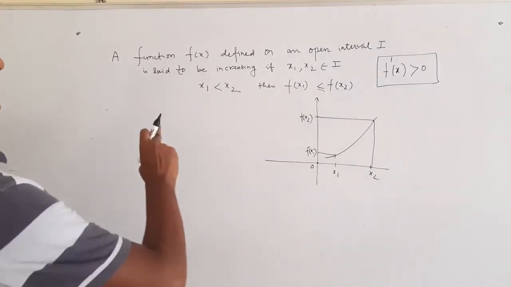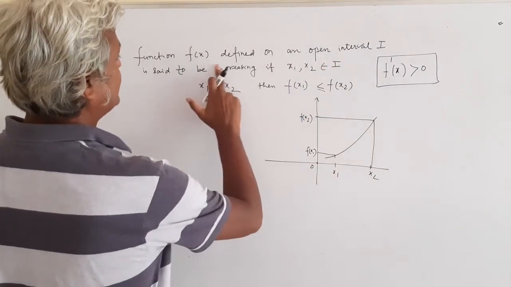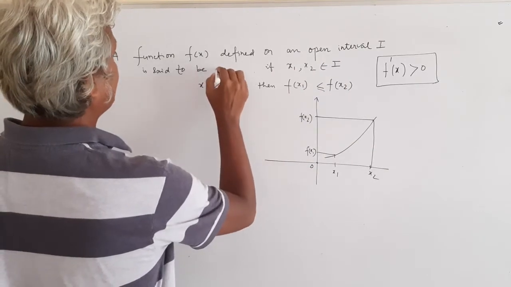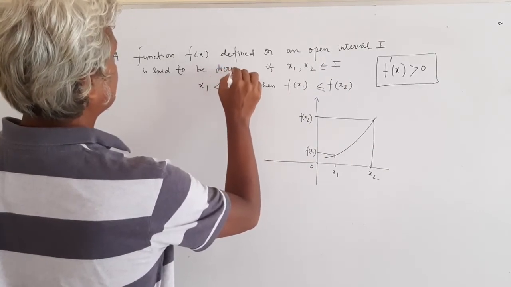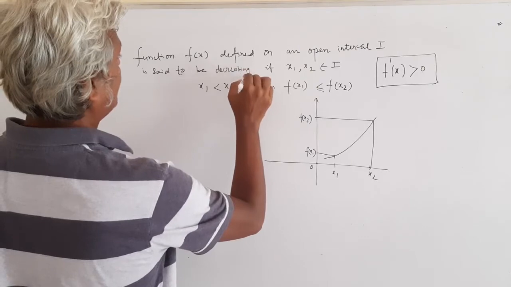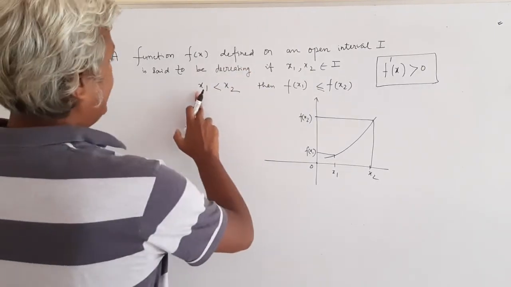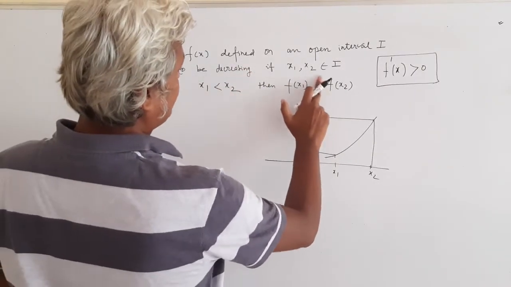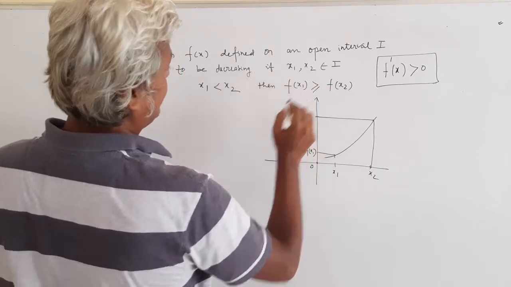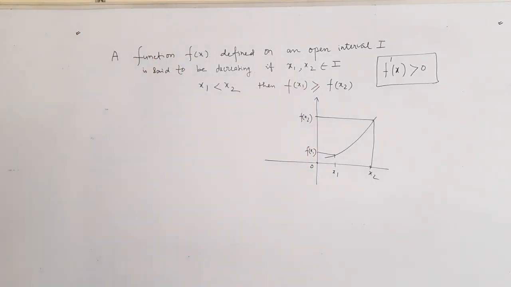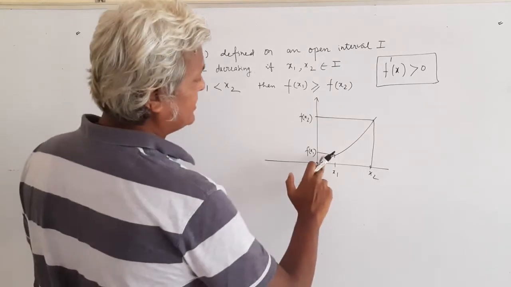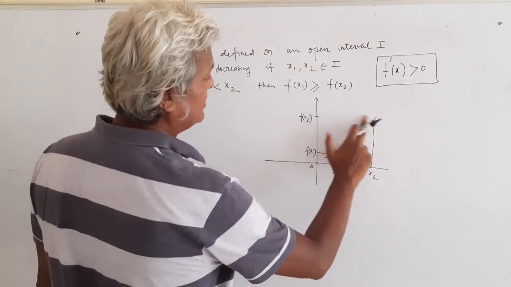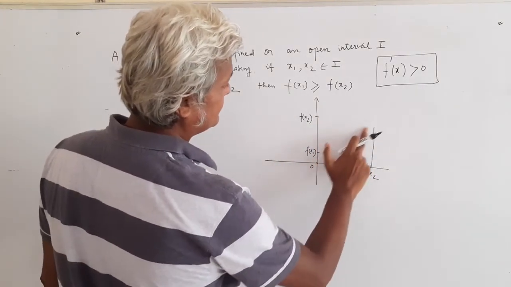Now for a decreasing function, we have the same definition. Instead of increasing, we will be writing decreasing. And x1 is less than x2, but this one will become f(x1) greater than f(x2), and the graph which was going like this in the previous question will become something like this.